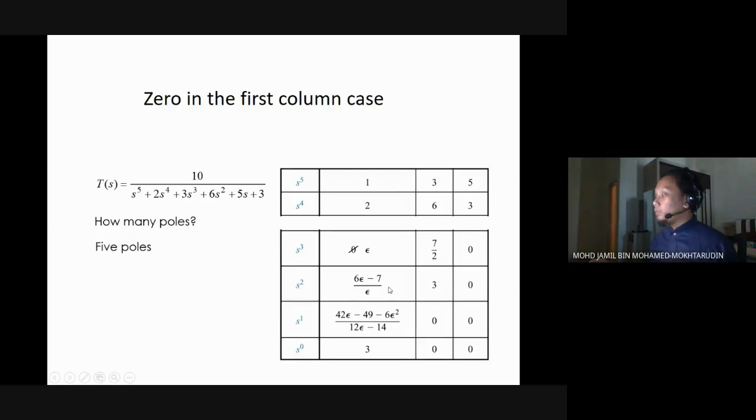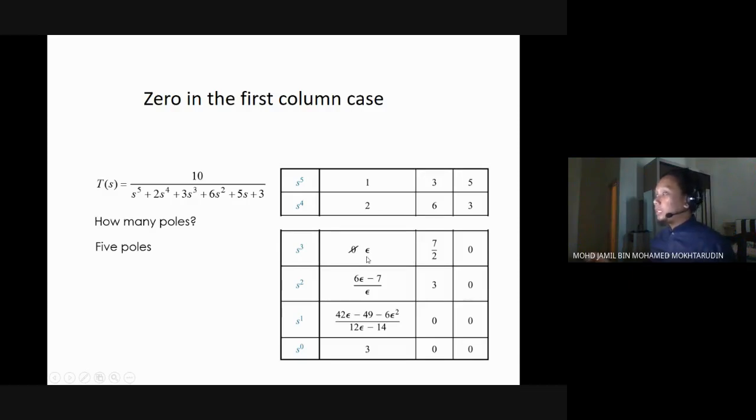For the row S2, you get a term in terms of epsilon, and for S1 also a value in terms of epsilon. Now you have the symbol epsilon, which represents a very small value.